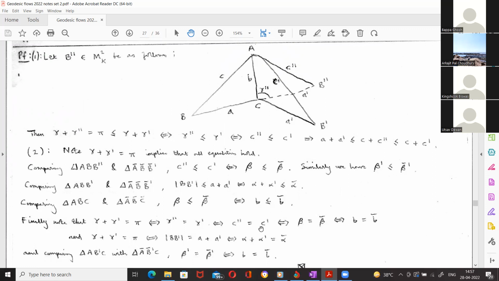C double prime is equal to C prime if and only if beta is equal to beta bar, because that we got by looking at A, B, B prime and A bar, B bar prime. Those had the same sides at the vertex B and B bar, and the opposite sides were C double prime and C prime. So C double prime is equal to C prime if and only if beta is equal to beta bar, and beta equal to beta bar is if and only if B is equal to B bar.